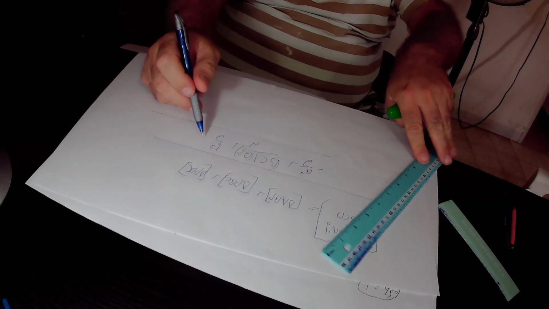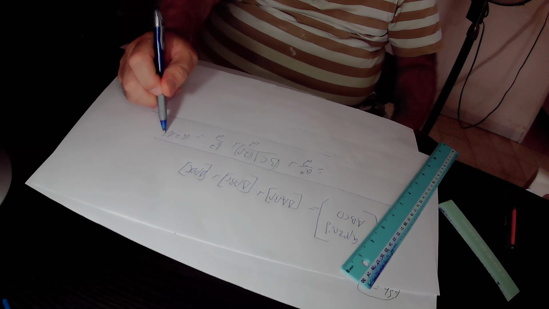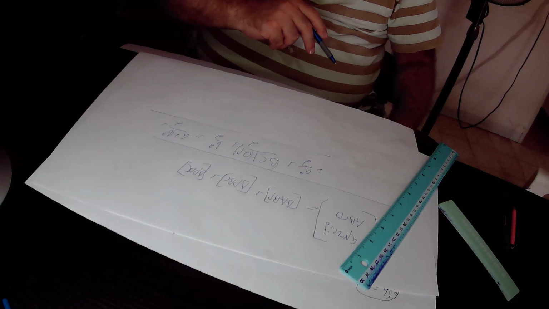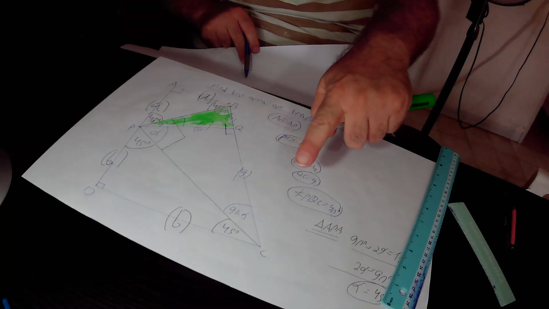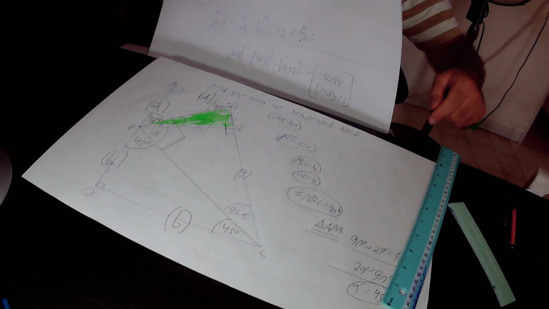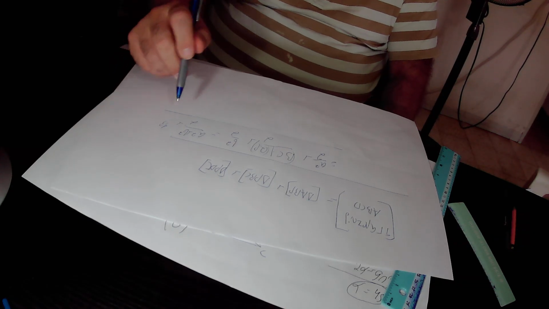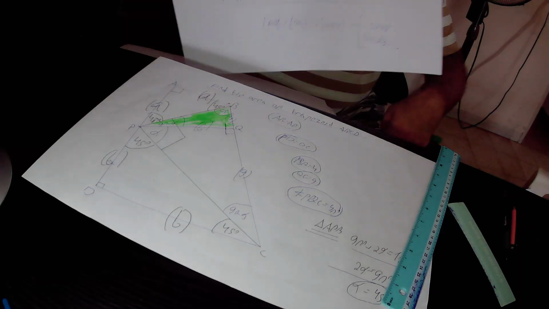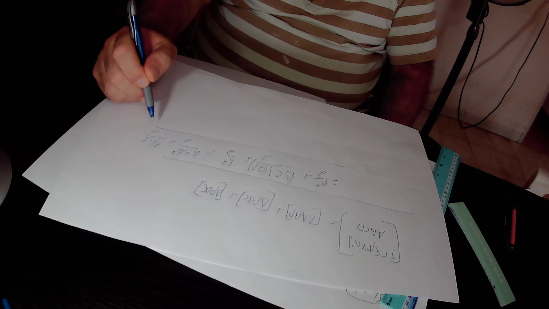A square over 2 plus B square over 2 is A square plus B square over 2, plus the area of the big right triangle PBC, which equals BC, in total 4 plus 9, that is 13, times QP. We already found out that QP equals 6, divided by 2.